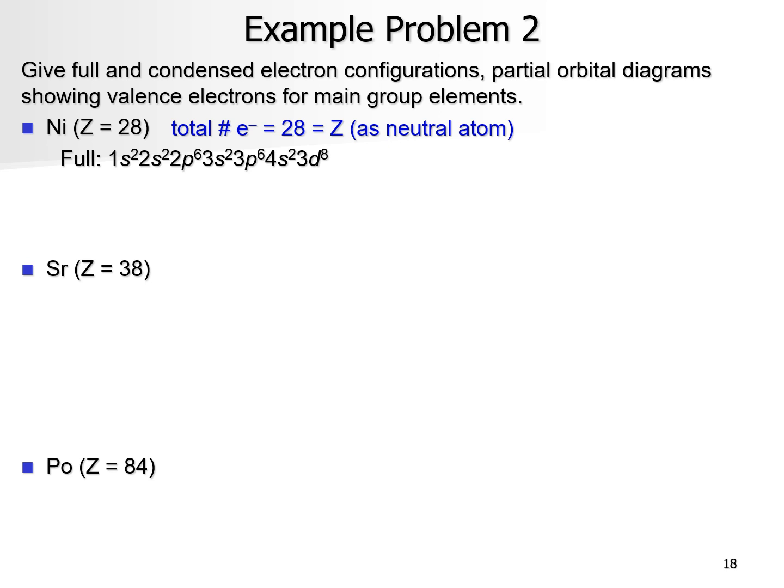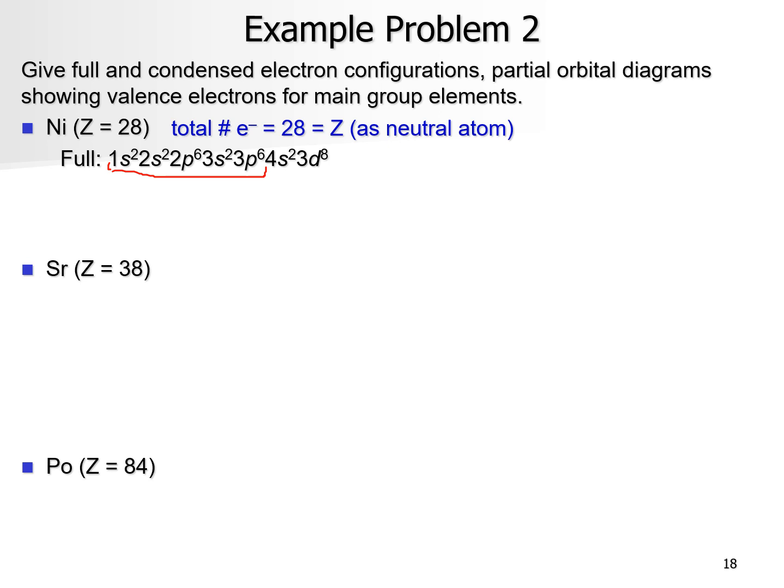The full electron configuration for nickel is 1s2, 2s2, 2p6, 3s2, 3p6, 4s2, 3d8. When we write up the condensed electron configuration, we can take care of those electrons up to 3p6.